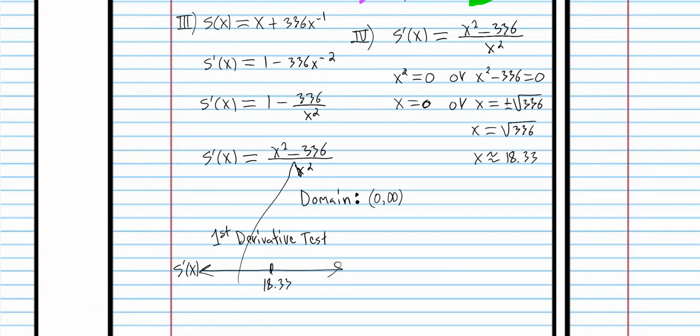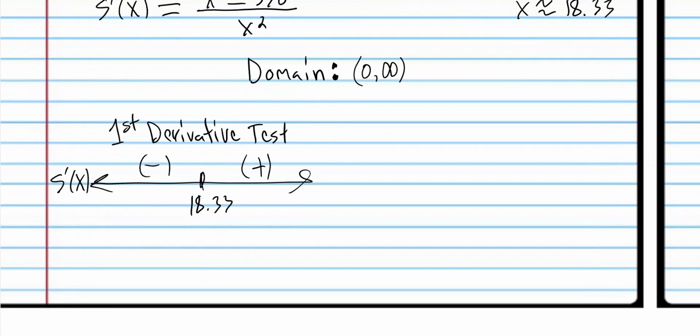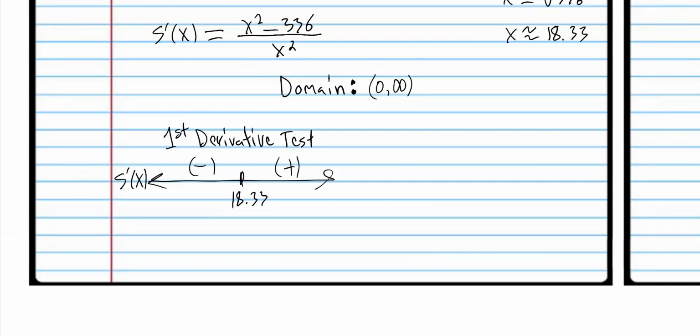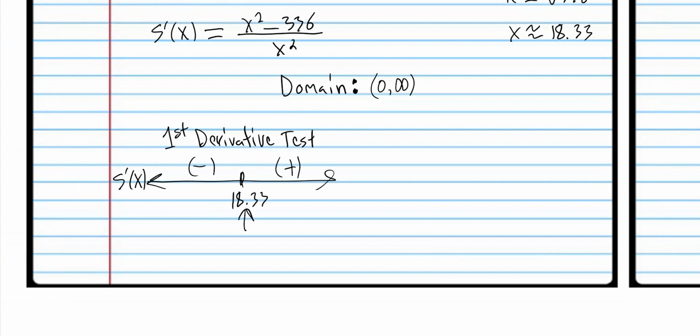We can plug in 1, obviously we get a negative number. We can plug in 1,000, obviously we get a positive number. So the derivative changes from negative to positive. So again, that means that the function looks something like that. The slope of the tangent line, which is the derivative, is negative over here because it's going down from left to right, but over here it's positive, so that's a minimum value. So what this told us is that that is the location of a minimum.